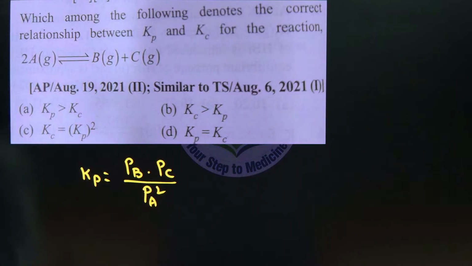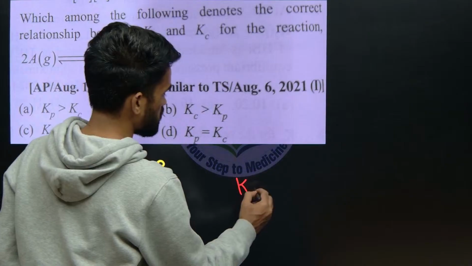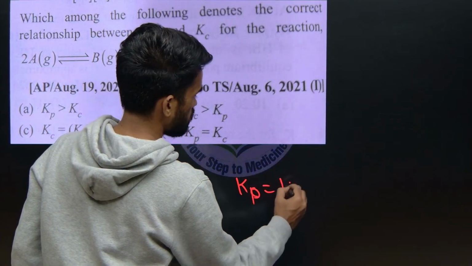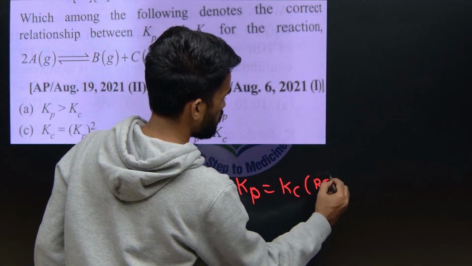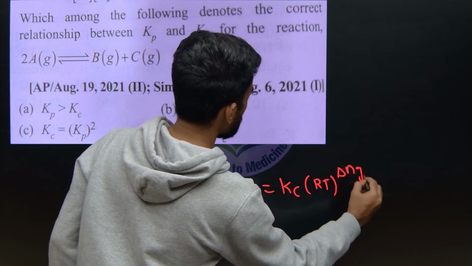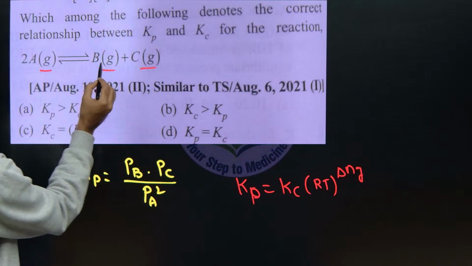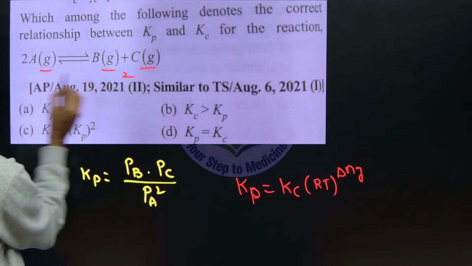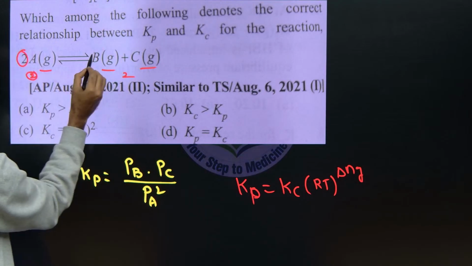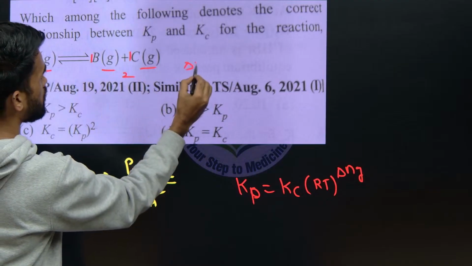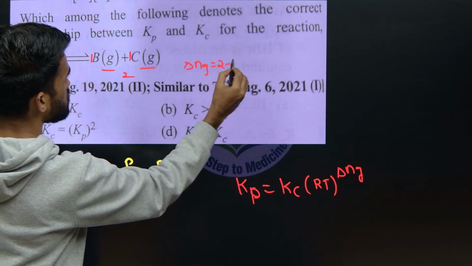Similarly, Kc also you can write, but what do we know about the Kp Kc relation? Kp equals Kc into RT power delta Ng. See, they are saying everything is in the gaseous state right now. So how many gaseous products are there? 2. Gaseous reactants are also 2, by stoichiometric coefficients. Therefore, delta Ng becomes how much? 2 minus 2 means 0.